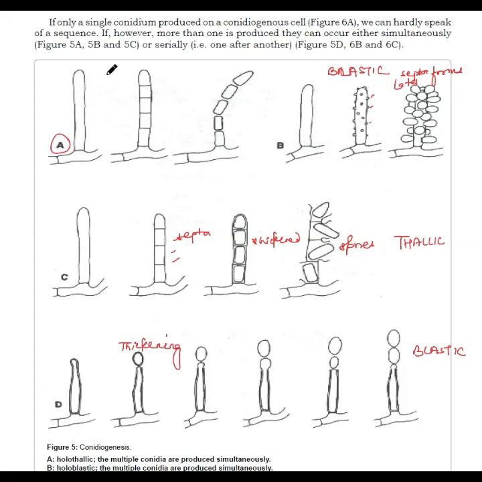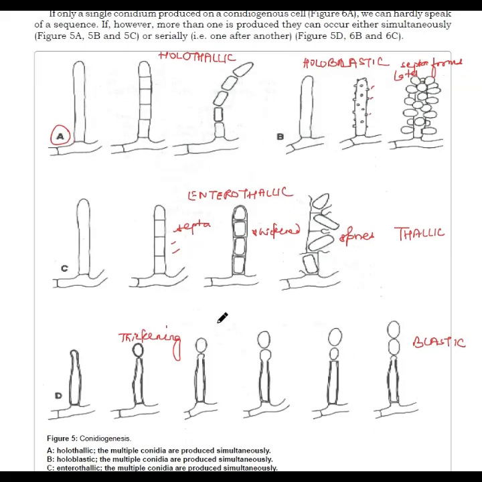Here also you can see, this picture A is not very clear, but it is holothallic. Multiple conidia are produced simultaneously. This is holothallic. Second is holoblastic. Third is enterothallic, and fourth is enteroblastic.